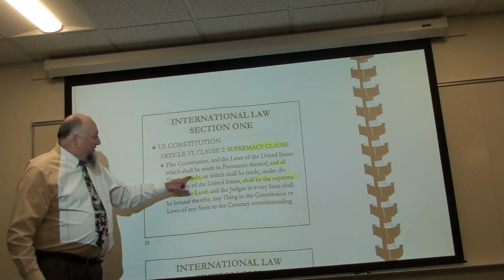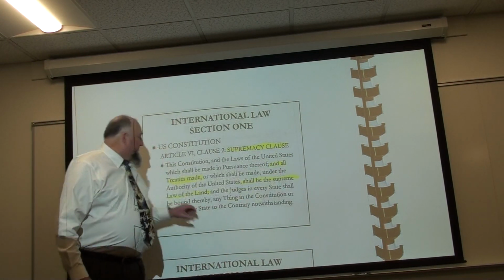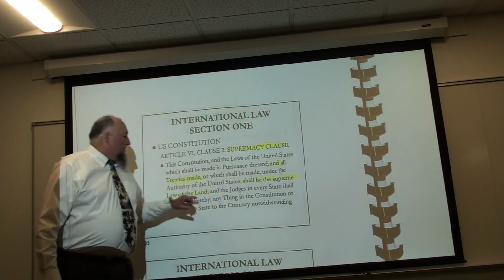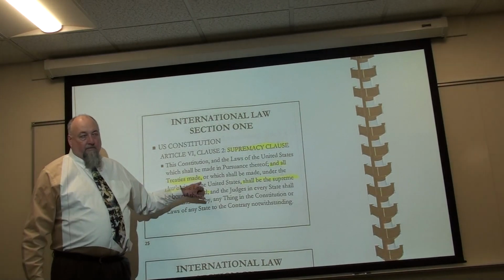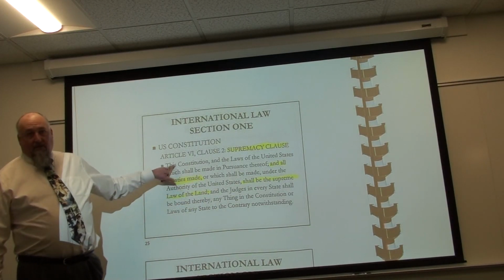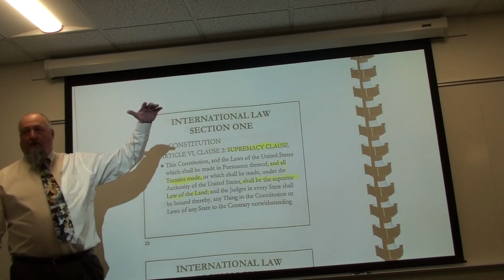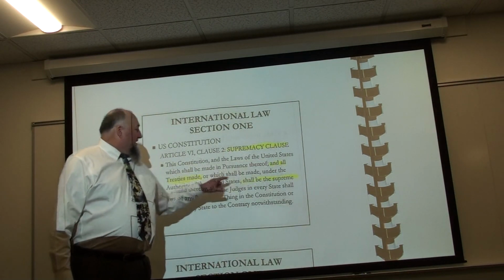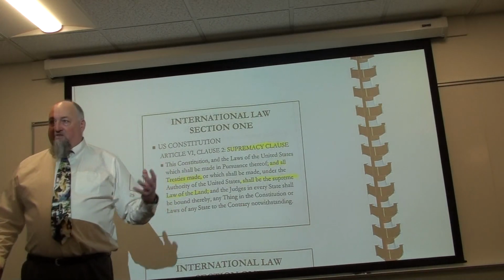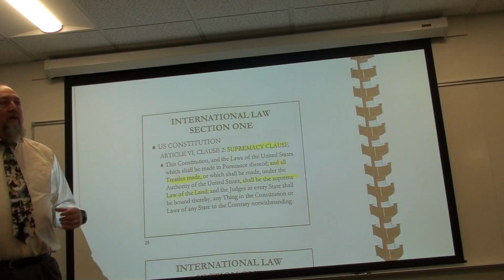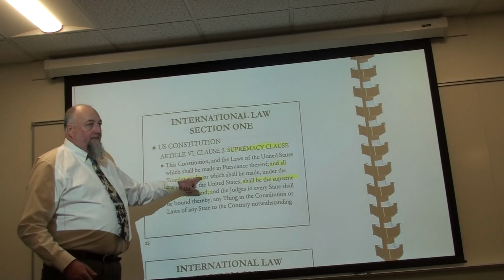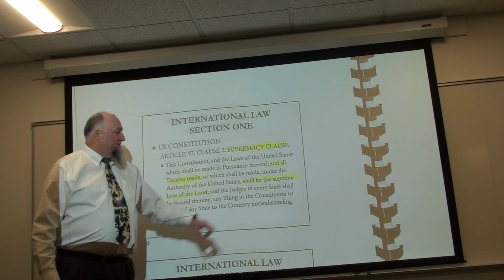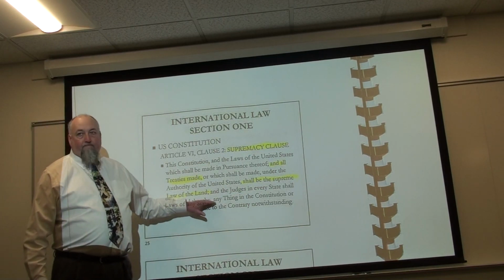We also have, however, these four words right here, and all treaties made. So the Constitution of the United States, highest level law we have in the U.S., of course, and the laws of the United States, which Congress, which would be statutory law, and all treaties made shall be the supreme law of the land, and judges in every state shall be bound thereby.